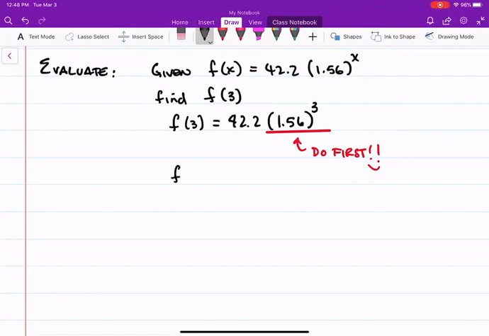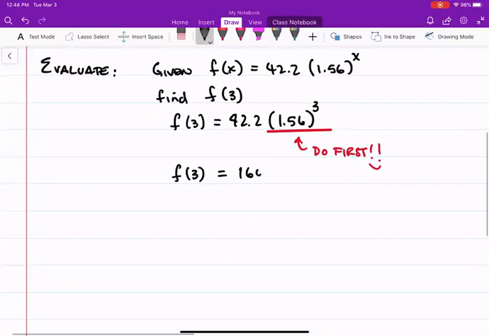So what does f of 3 come out to be? 1.56 to the third, and then multiply by 42.2.